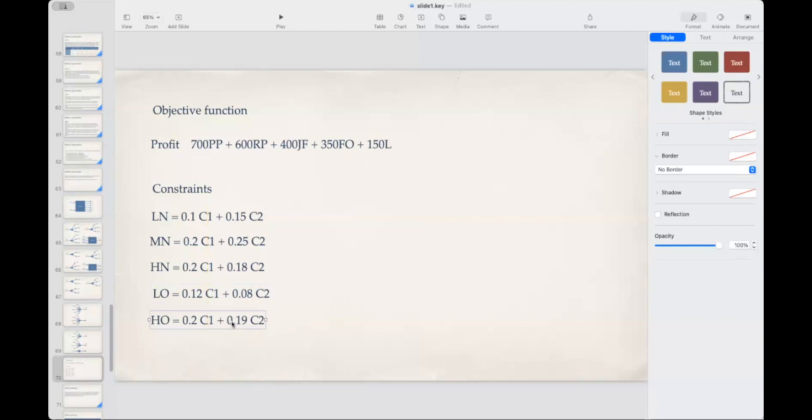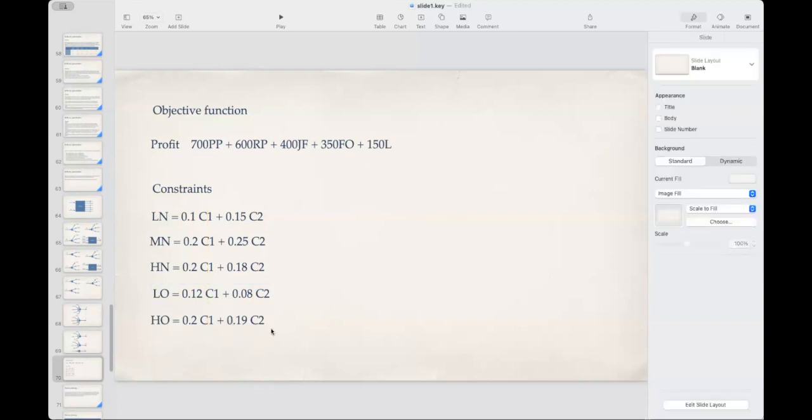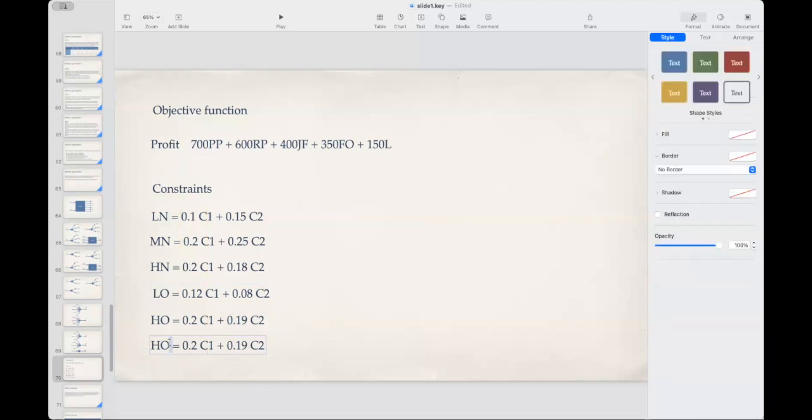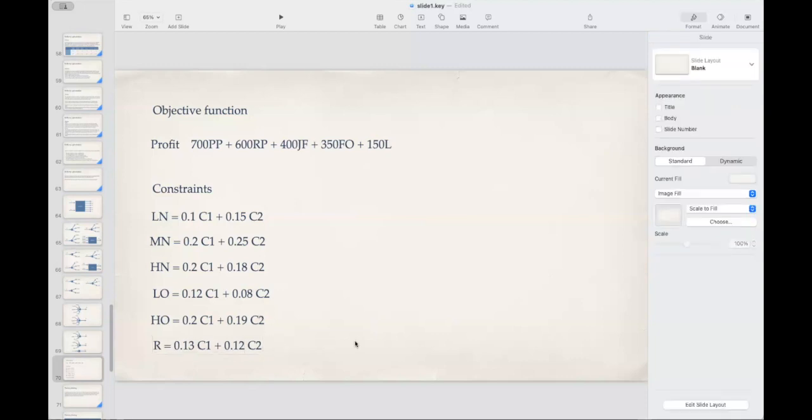So the last one, residue. What is the variable standing for residue? 0.13. Okay, good. We formulate the first set of constraints, which is the material balance at the distillation column.